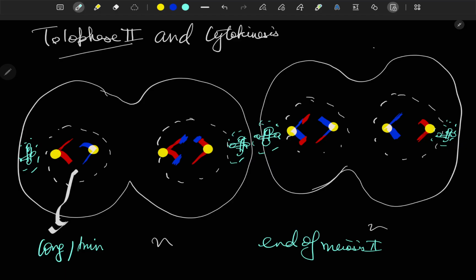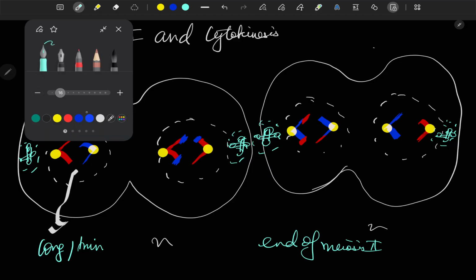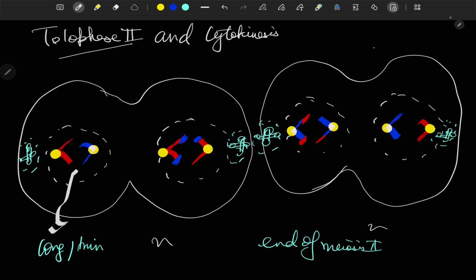The nuclear envelope reappears. Cytokinesis is also occurring at the same time. The cytoplasm is dividing.